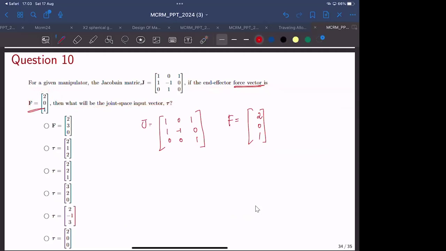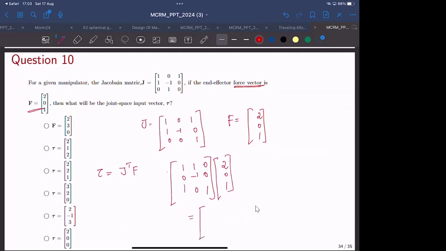Using the conservation of power, we have derived the mapping between the task space force vector and the joint space force vector, which was tau equals J transpose F. So if you apply this, J transpose would be 1, 0, 1, and minus 1, 0, 0, 0, 1. And F is given in the question as 2, 0, 1.